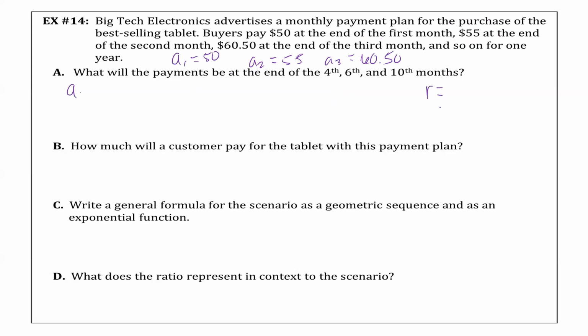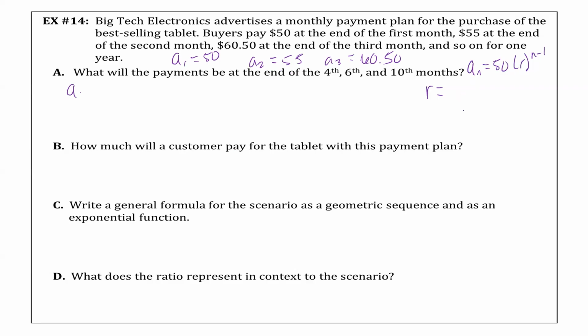So our R equals, and we're going to use our A sub 1 to start off to try to find our R. Using that, we have A sub n equals 50 times R to the n minus 1. Now we can use either one of these values to figure out what our R is. I'm just going to use A sub 2 because it's right there.